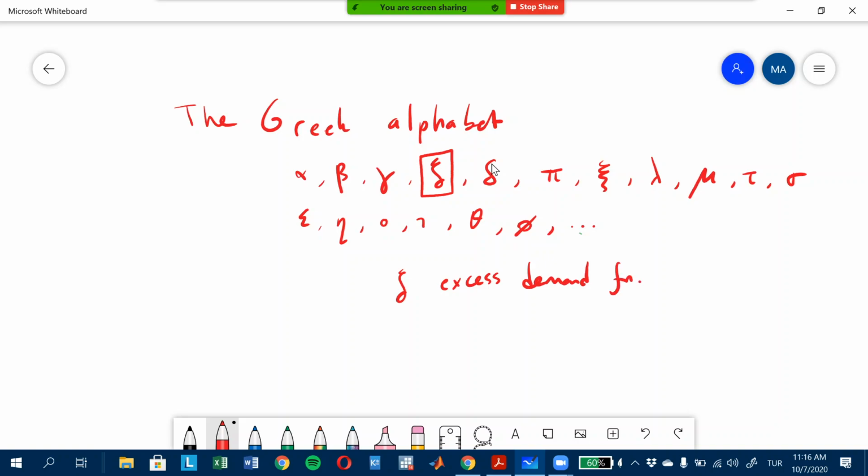Okay, so this is zeta. So don't let the Greek alphabet intimidate you. All right, just to refresh your memory with the Greek alphabet. And also again, read the textbook. Okay.